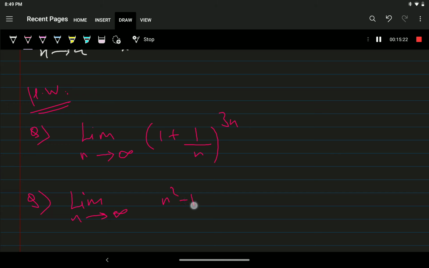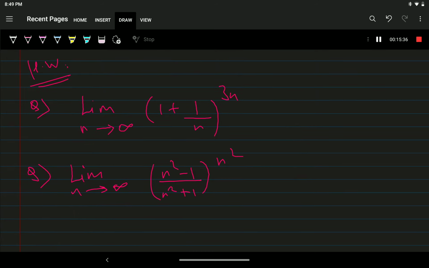Number 2, limit of n squared minus 1 by n squared plus 1 to the power n squared. These are two very important questions, and these are your homework questions. Please solve them and let me know the answer in the comment section.